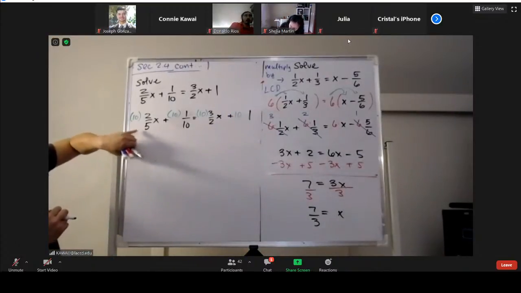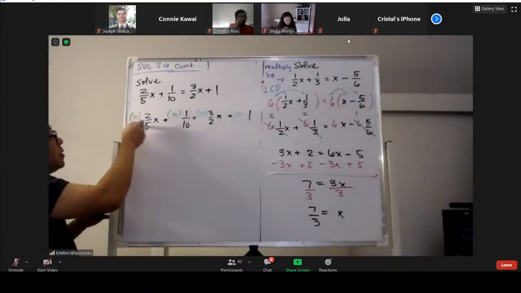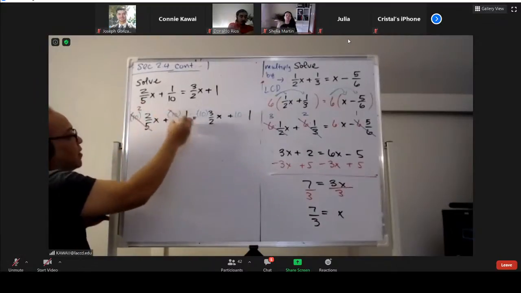So what you want to do is divide this into here. So now you're doing a division. 10 divided by 5 is 2. 10 divided by 10 is 1.